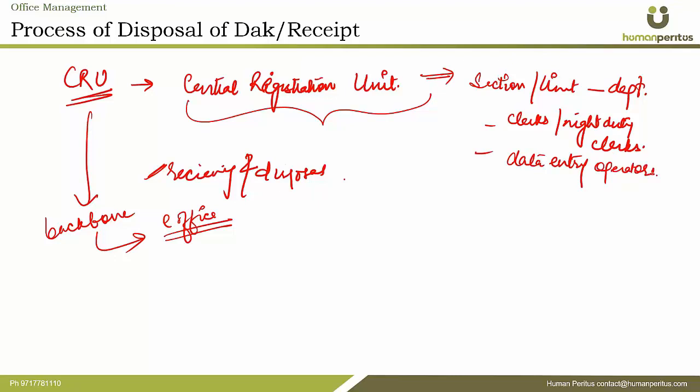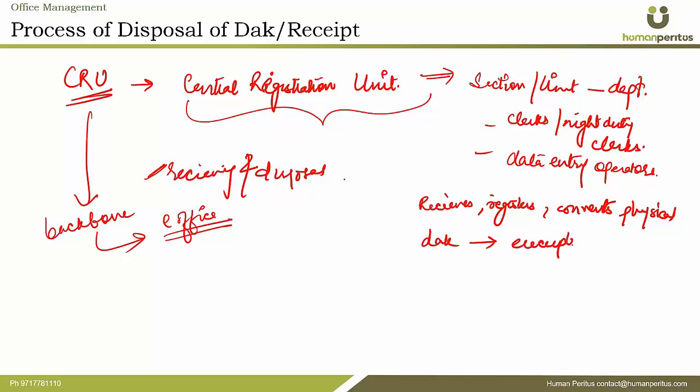So this unit basically receives, registers, converts the physical dak into e-receipts wherever the e-office has to work, and then distribution and sending to the respective sections.